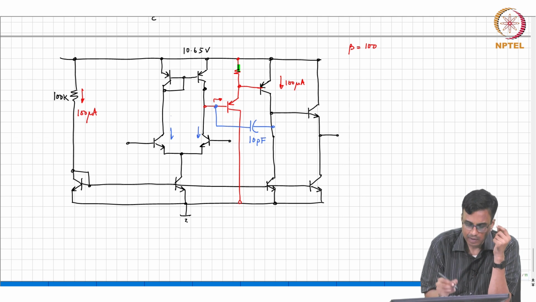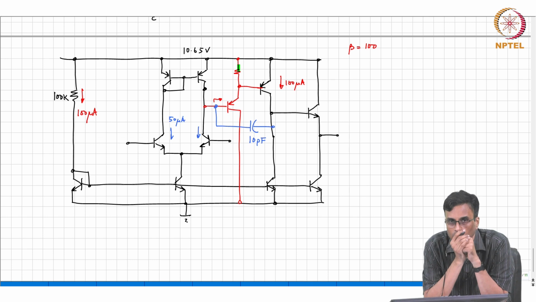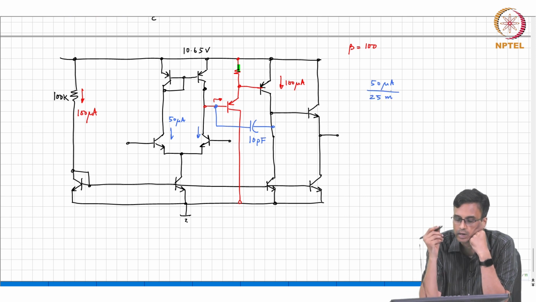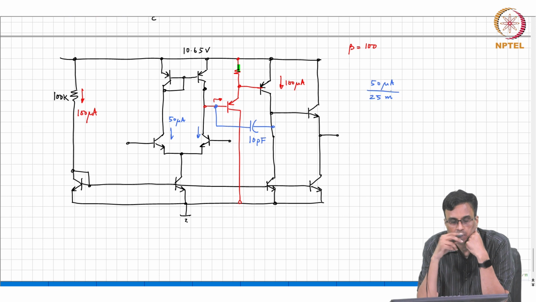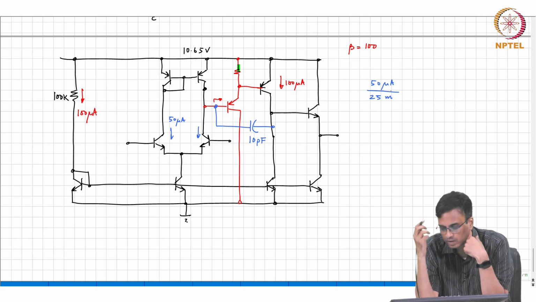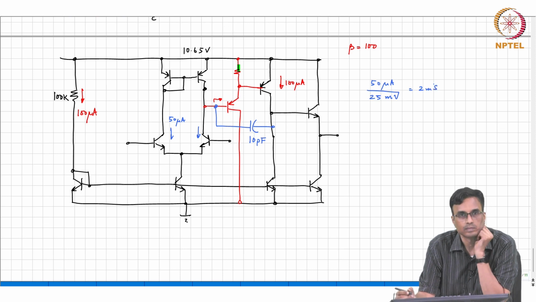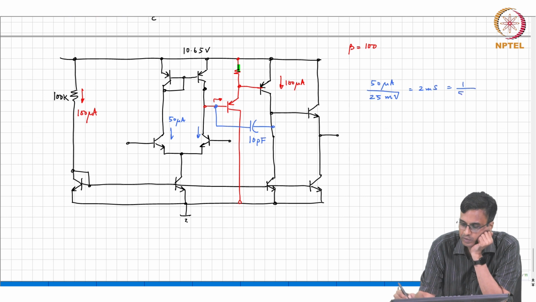50 microamperes. So, what is the gm of the first stage? 50 microamperes divided by 25 millivolts. Yeah, so that is basically 2 millisiemens, which is basically 1 over 500 ohms, correct.